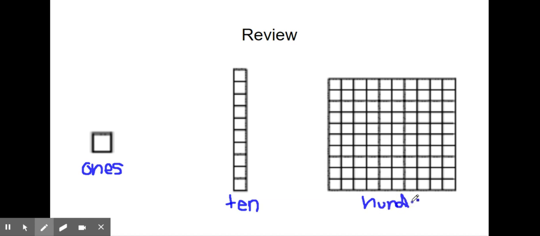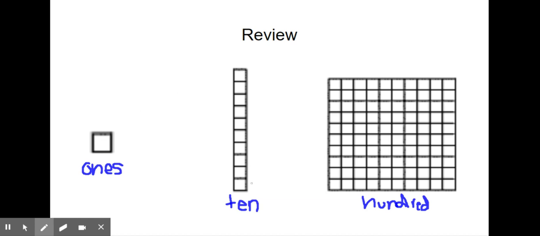So looking at this and thinking back to what we have learned, how many ones do I need to make a 10? Okay, so if I am looking at my ones, I can look at my 10.